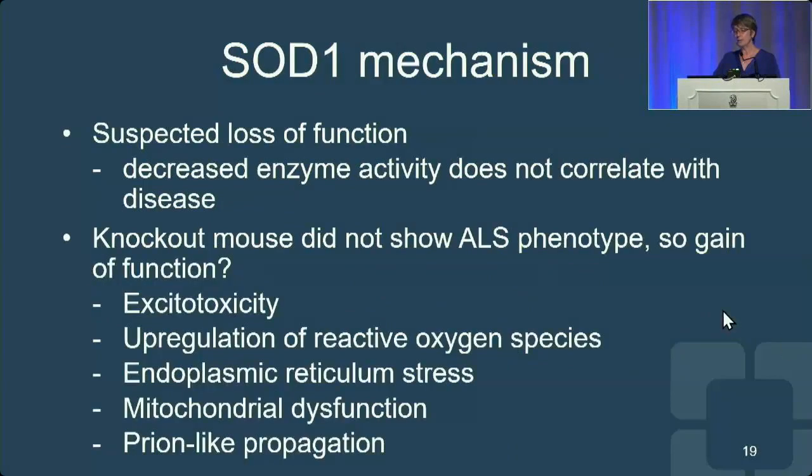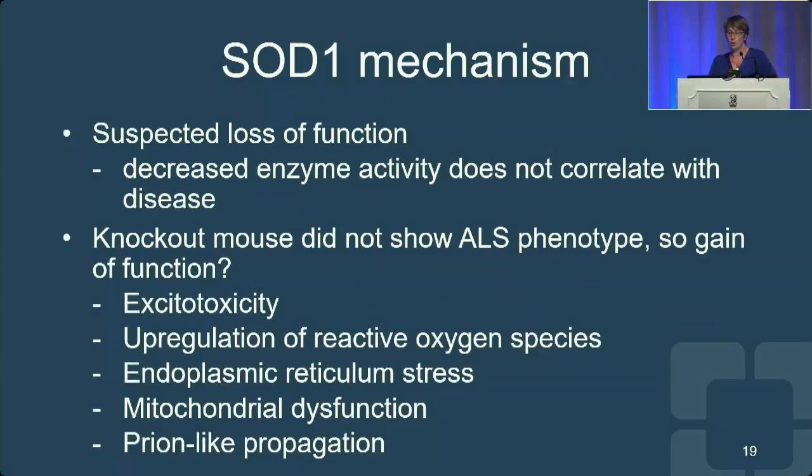So when we try to look into this a little bit, the first question is whether this is a loss of function or a gain of function. So they looked into loss of function, and looks like it's not really that. So decreased enzyme activity doesn't seem to correlate with causing disease. Okay, well, what about if you completely knock it out?